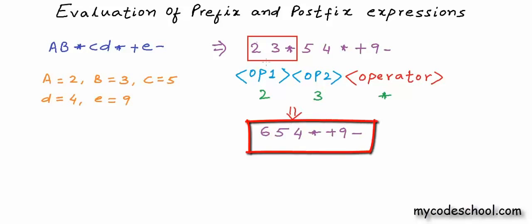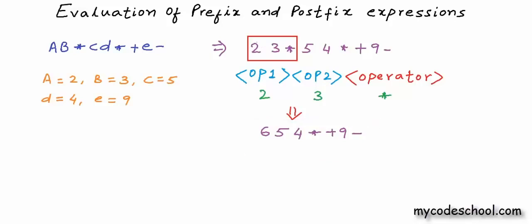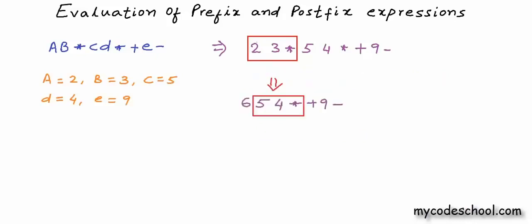So this is what I'm getting after evaluating 2, 3 asterisk. Now we need to repeat this process till we are done with all the operators. Once again, we need to scan the expression from left to right and look for the first operator. If the expression is correct, it will be preceded by two values. So basically we need to look for first occurrence of this pattern, operand, operand, operator. So now we can reduce this.